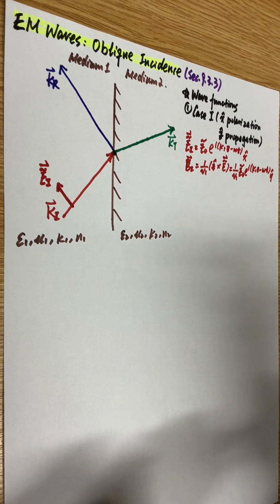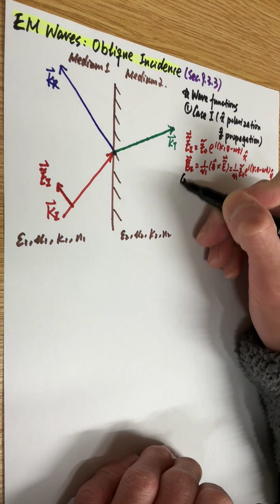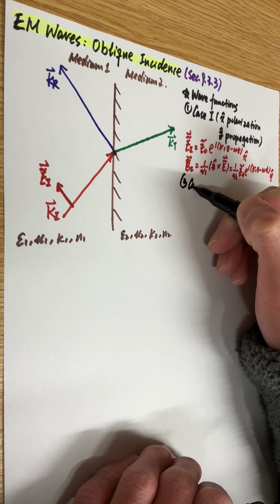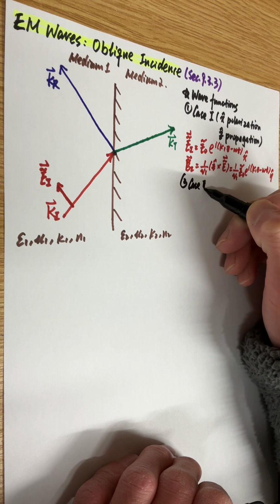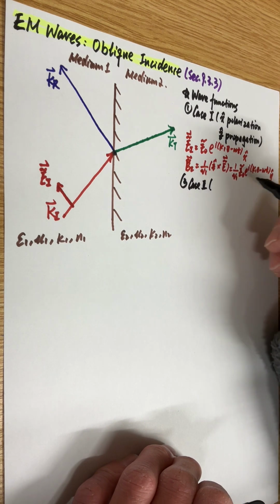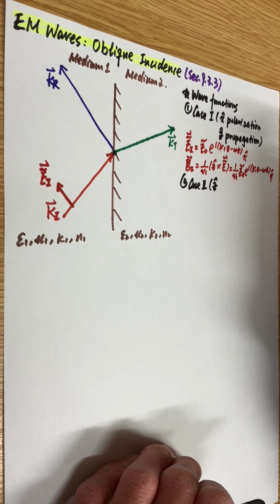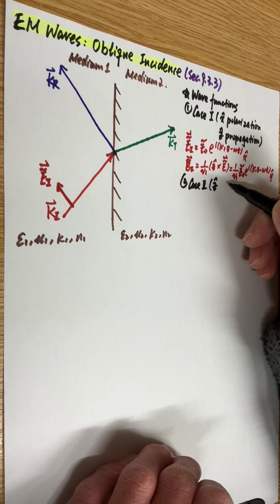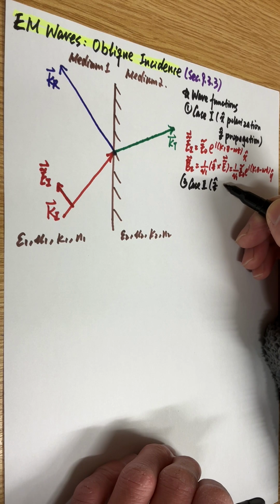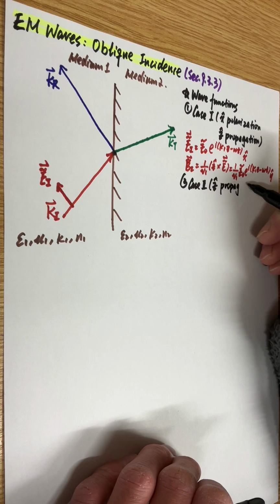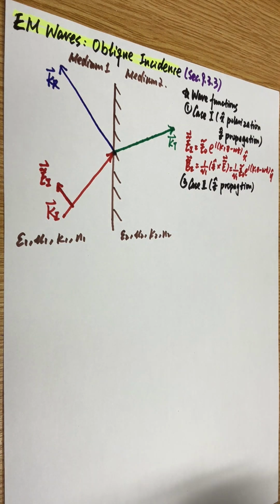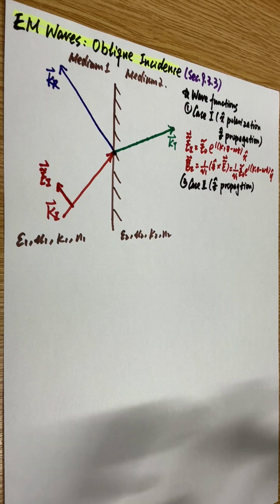So the second case, we relax this condition. We have propagation direction is z direction. Then we have a more general expression here.